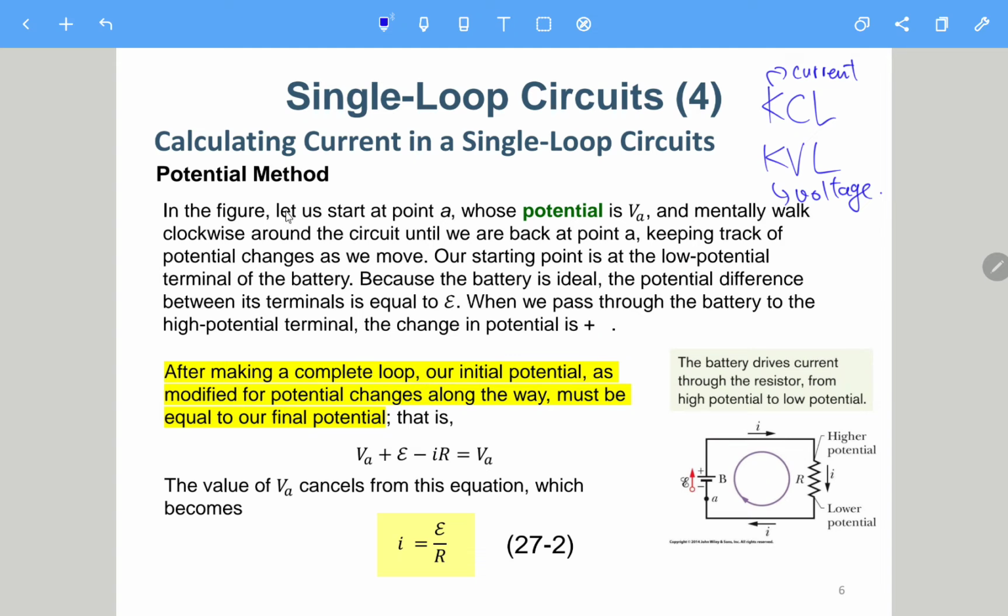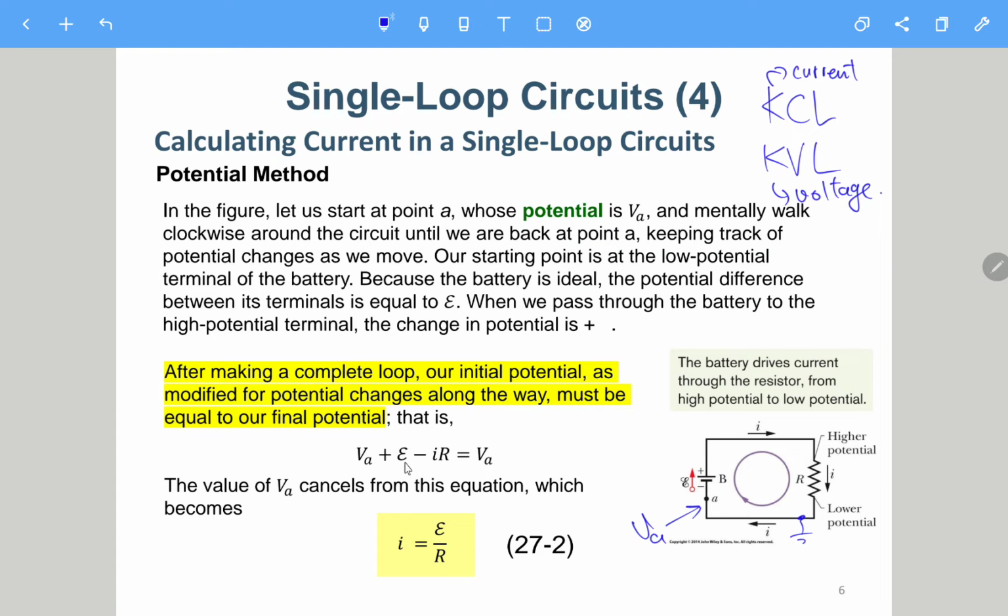Okay, so in the figure, let us start at a point A whose potential is VA. We didn't assume this one is a ground, so we just assume the voltage here is VA. Finally you find out that this VA will just cancel, so it's reasonable to just assume it to be 0.